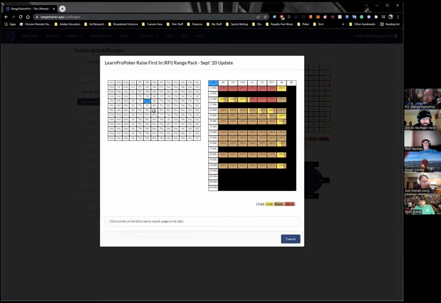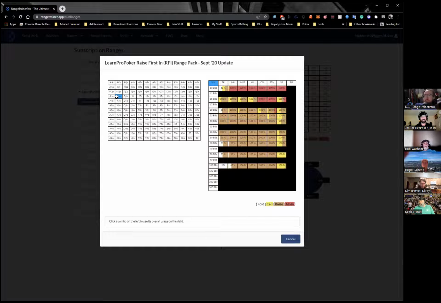Obviously you can see that 10-9 suited is playable from literally everywhere at every stack depth, which is something that maybe isn't immediately intuitive or something you would recognize by going through and looking at the ranges individually. But being able to see it like this is a really cool way of visualizing it.